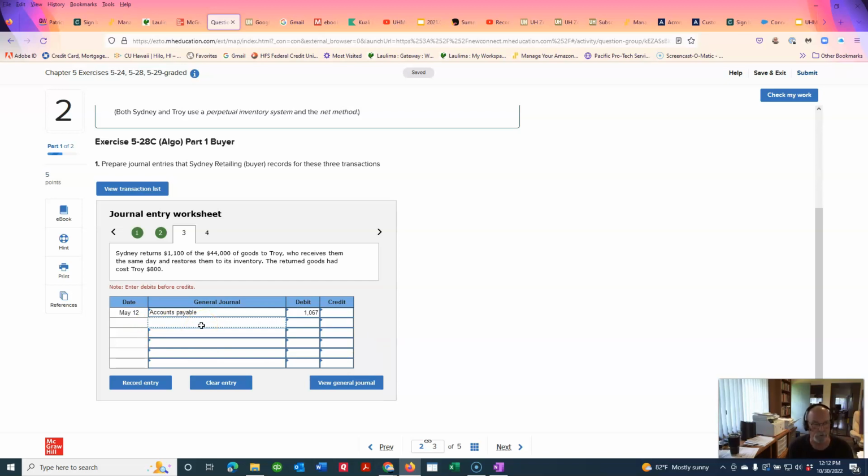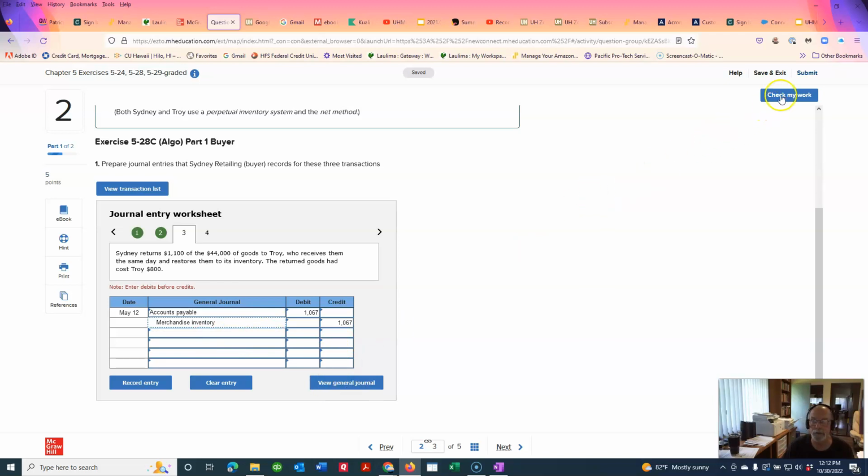So that essentially reduces the amount we owe on that order, and our credit is for the same amount, $1,067, and the account that we use is going to be our merchandise inventory.